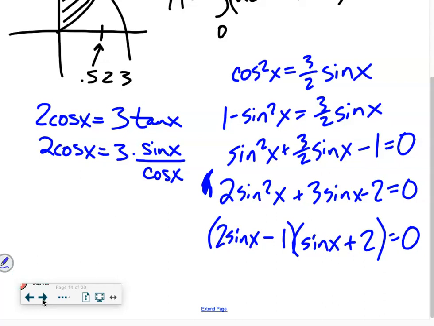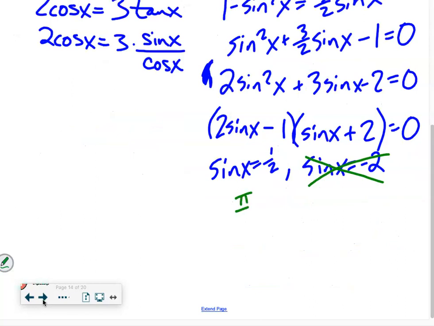Yeah, that works. So you get sine x equals 1/2 or sine x equals negative 2. Well, obviously this guy has no solution. So, pi over 6.